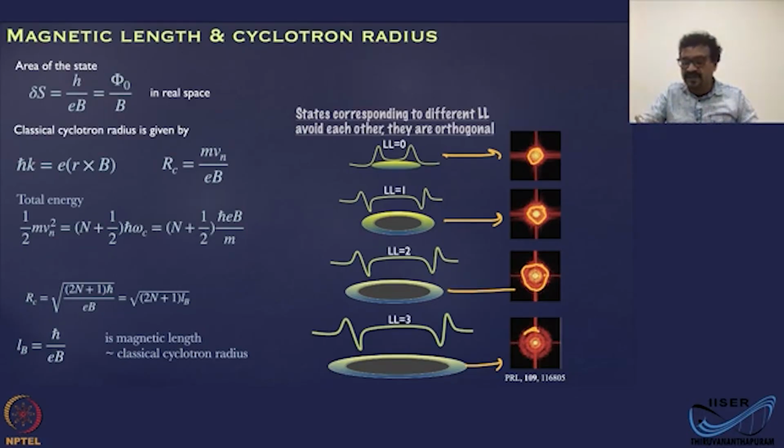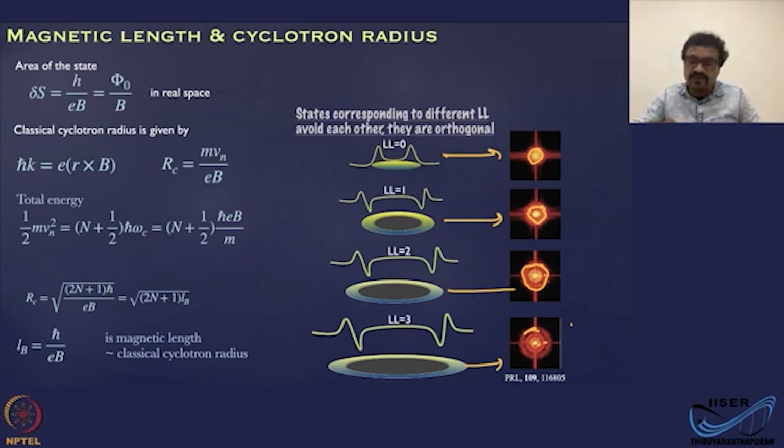That's what you're seeing here also. You have all the 4 states here, but there is no overlap between the 4 states. These are orthogonal states that you know from the physics side, but that is also what is seen when these states are probed by tunneling microscopy.